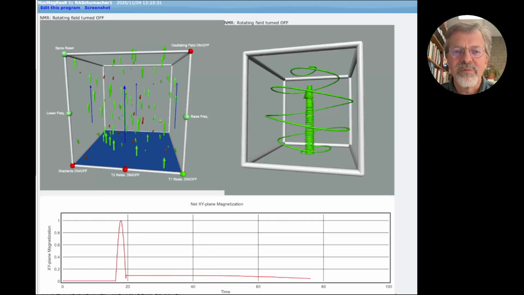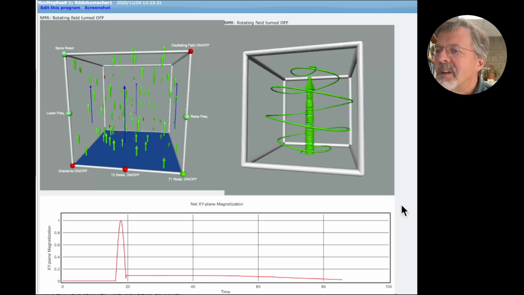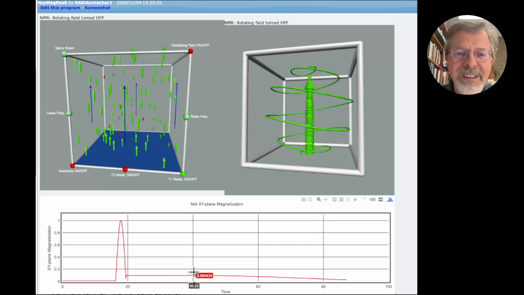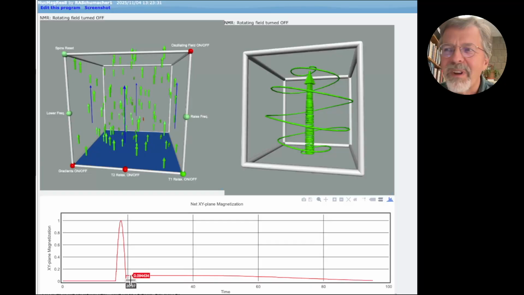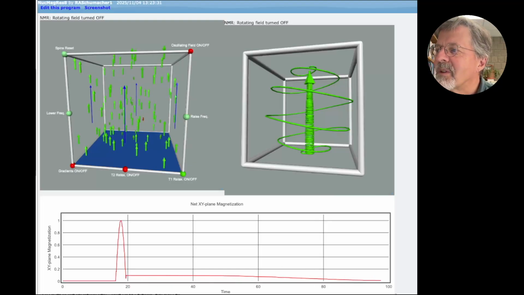That's the effect of spins giving away their energy in some process that we don't specify, and the net magnetization slowly grows back to the original value that it had before. You'll notice down here that we don't get to see anything, just the blip as the spins pass through 90 degrees, and then it just stays very small thereafter.